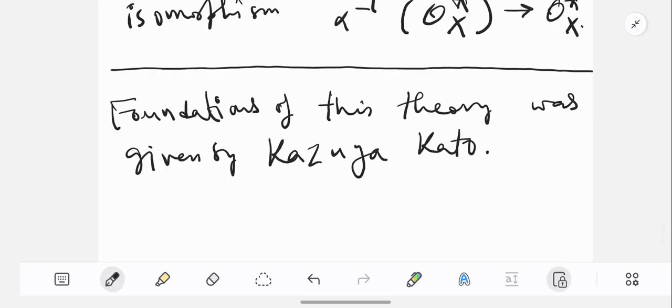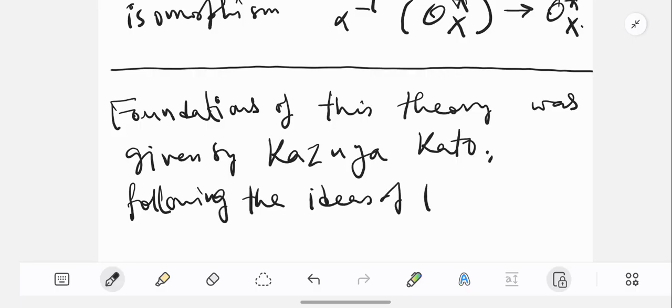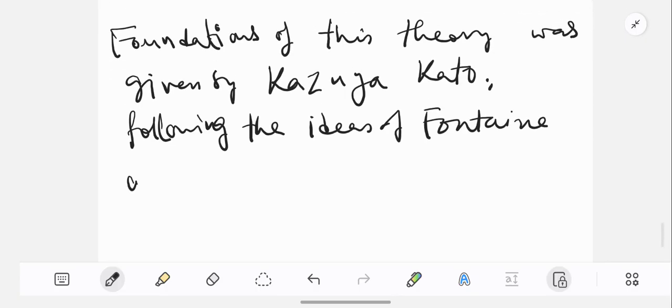It was developed following the ideas of Fontaine and Illusie.